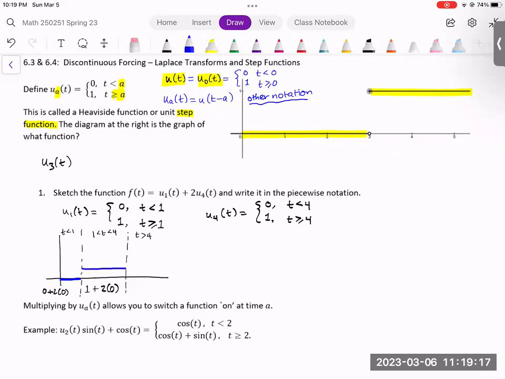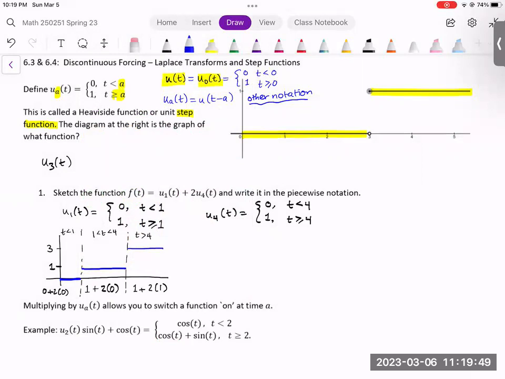And when t is greater than 4, the first function is still equal to 1 and the second function is now equal to 1, so we're equal to 3. This is a picture of what this looks like.